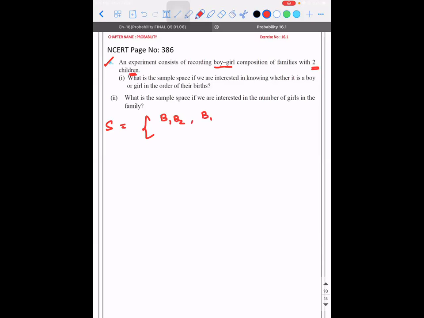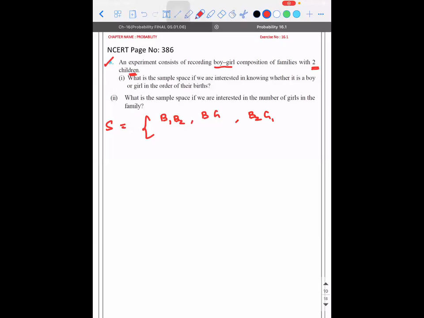If it is a boy and a girl, then B1, G2 is possible. One minute.